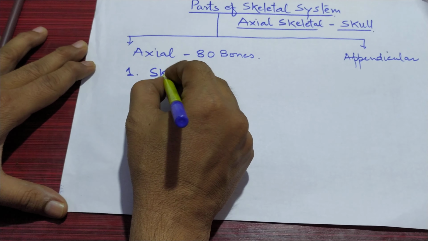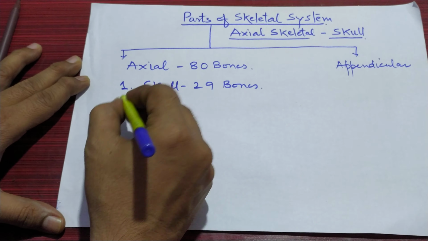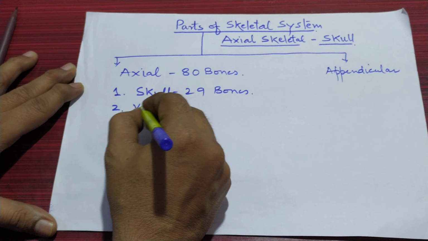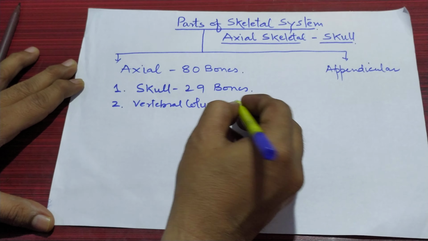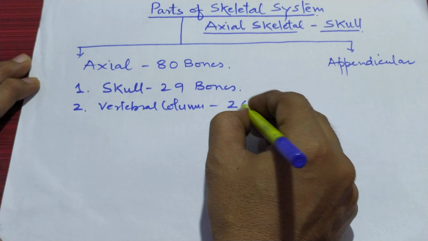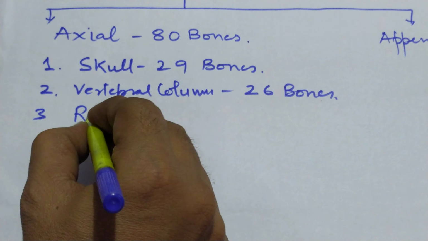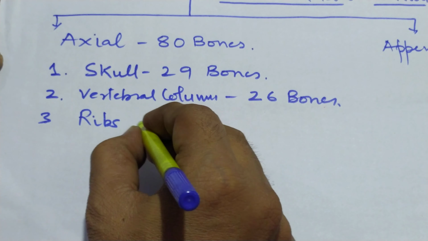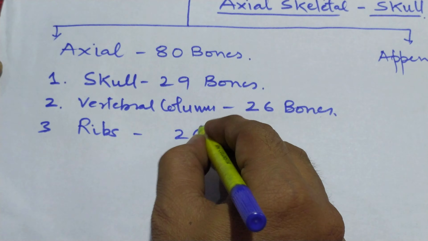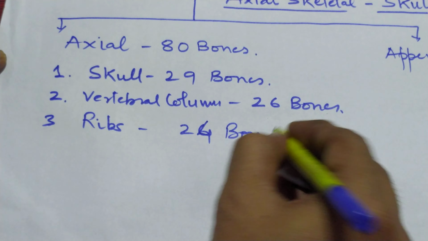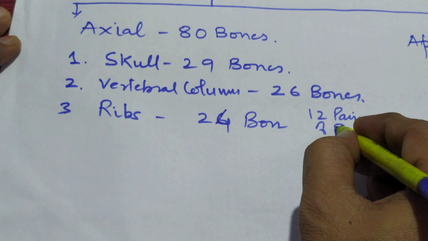First part is the skull, which has 29 bones. Second is the vertebral column, which has 26 bones. And the third part is the ribs. Ribs include 24 bones, as there are 12 pairs of ribs.